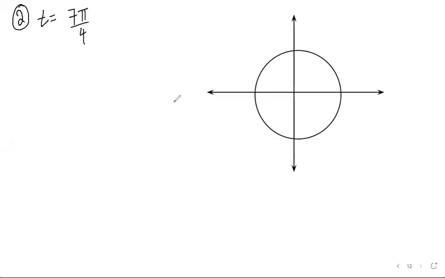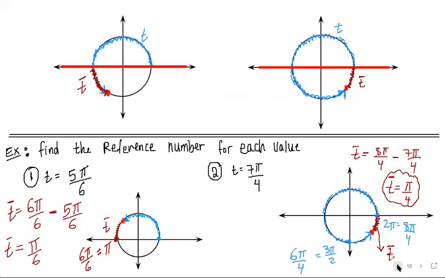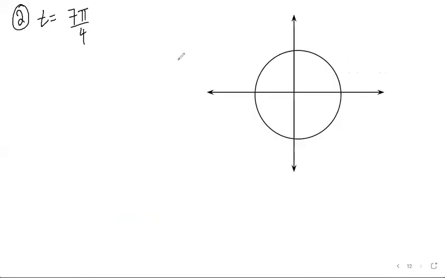So 7 pi over 4, like I did here, is in the fourth quadrant, and t bar is pi over 4.